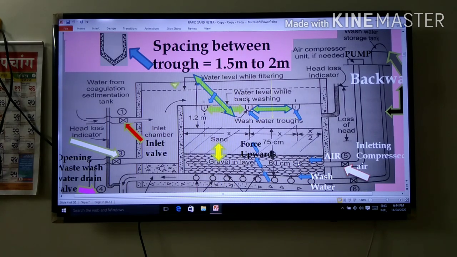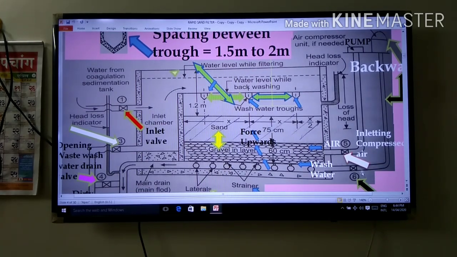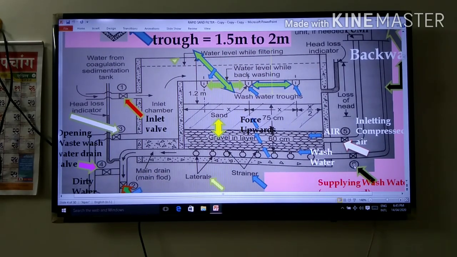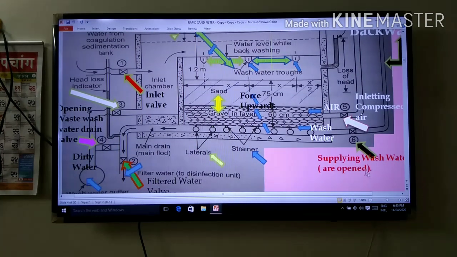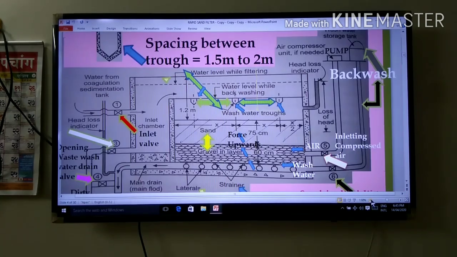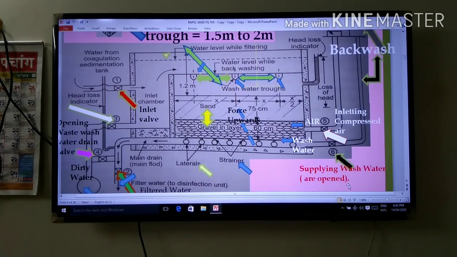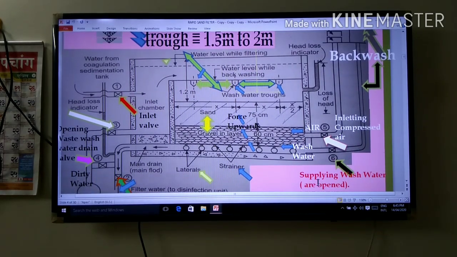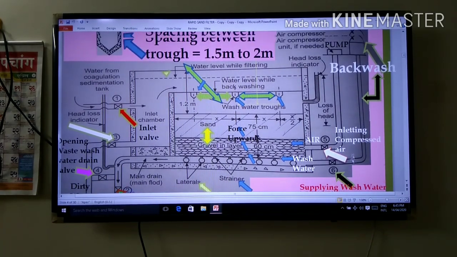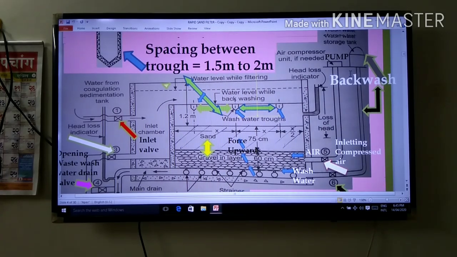At that time, simultaneously, wash water, that is valve number 6, called the supplying wash water valve, is opened when required. The supplying wash water is coming from the wash water storage tank.